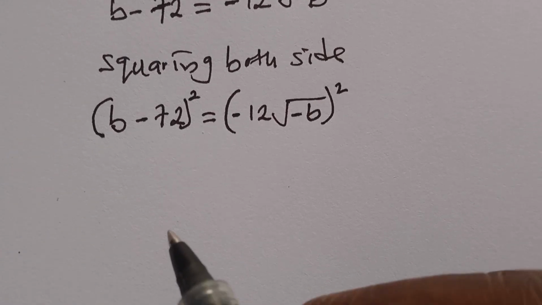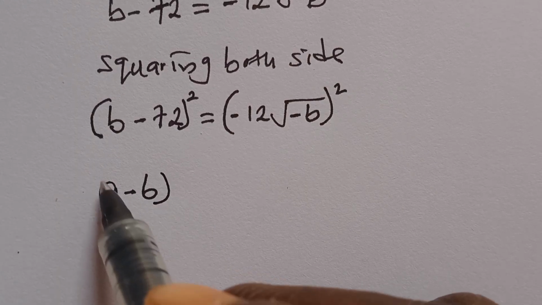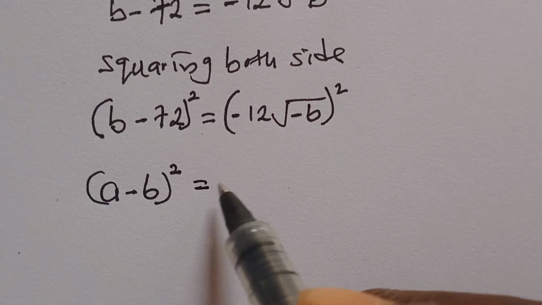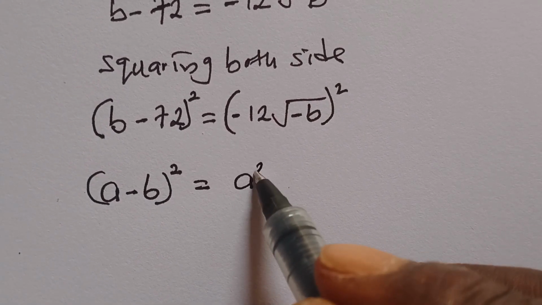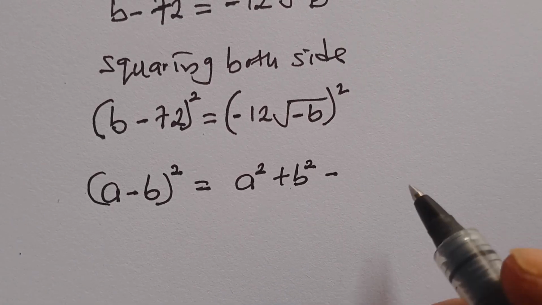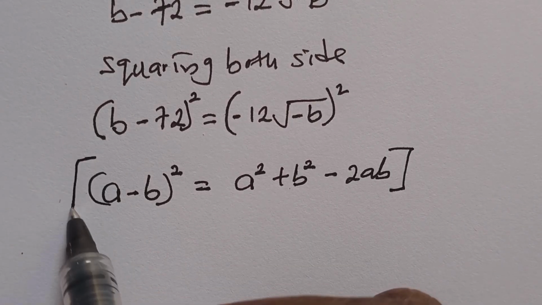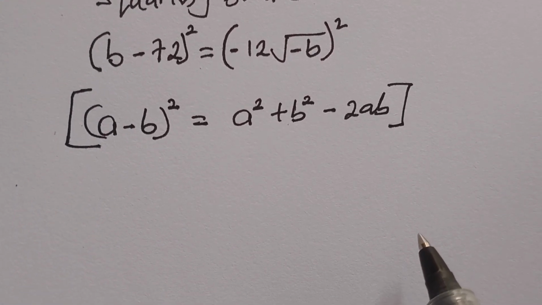It follows a minus b, everything squared, because when you expand that, you'll have a squared plus b squared minus 2ab. So let's apply this principle to the above line.